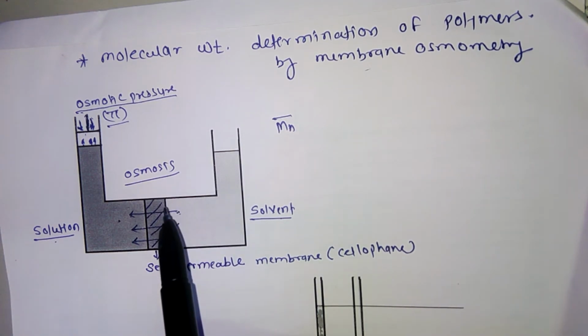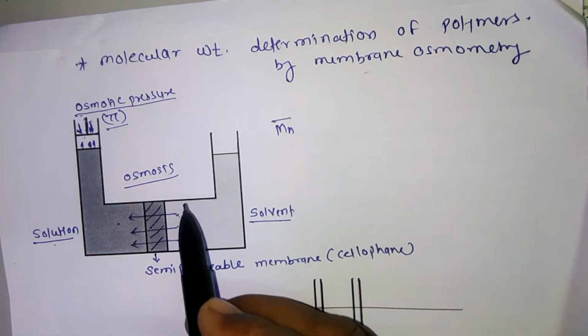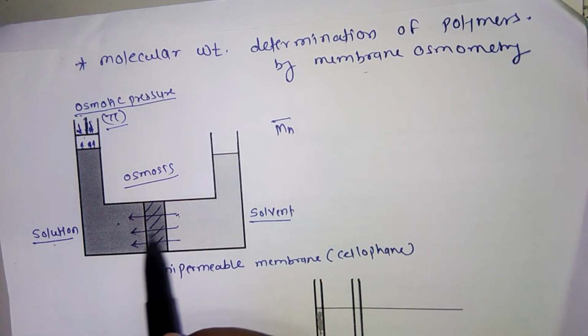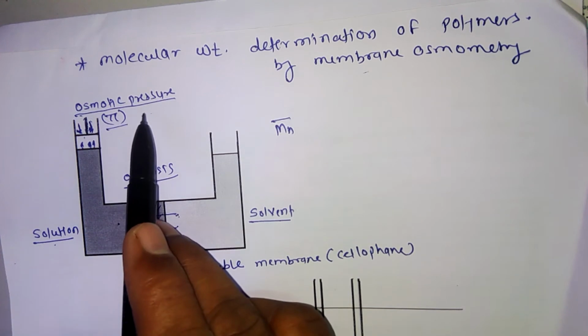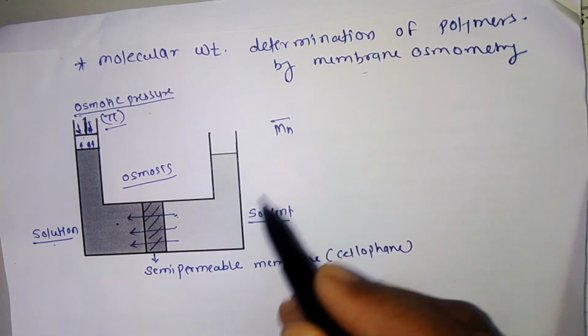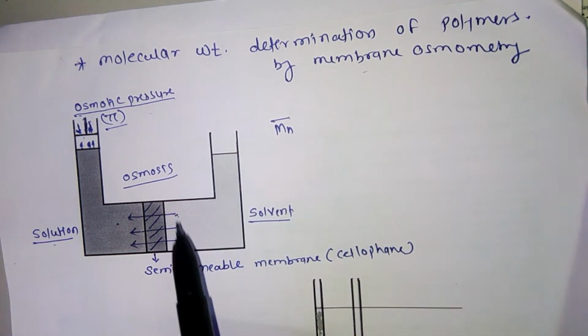So this is the advantage: if there is any low molecular weight impurity, it may pass through the semi-permeable membrane and does not affect the osmotic pressure, but it will affect the cryoscopic or ebullioscopic methods. That's why it is an advantageous method compared to the other ones.